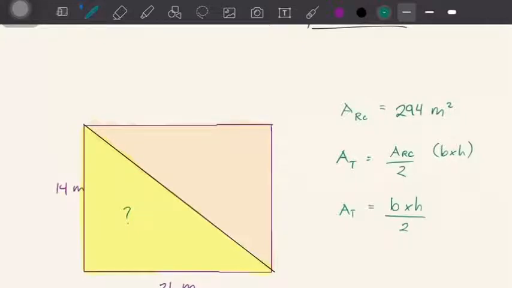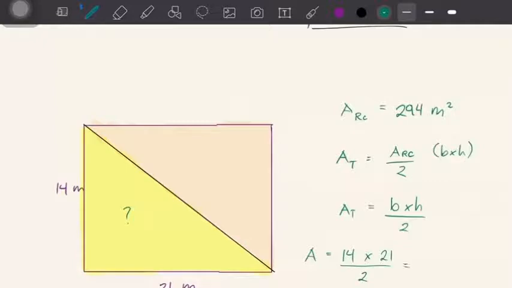Let's try to prove that in this situation. Area of the triangle is base times height, that's 21 times 14, or 14 times 21, commutative property of multiplication, and then divide the product by 2.